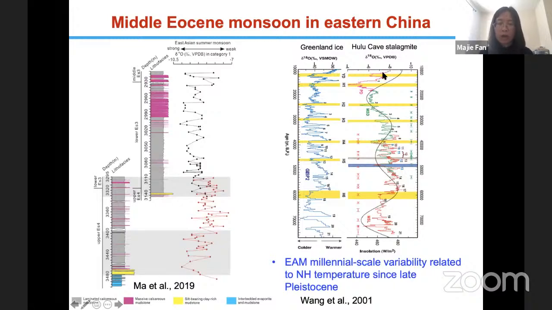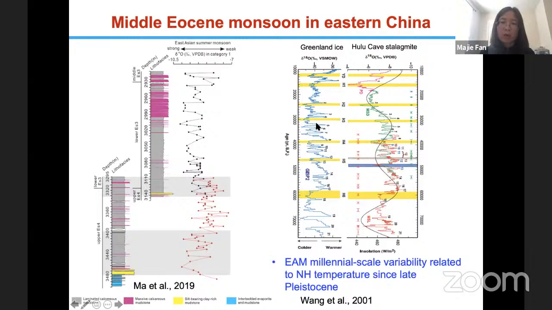So we see there are 2 types of cycles, okay? These yellow bars basically represent the higher value in each cycle. And then we have the valley with the lower isotope value in between, okay? So this type of cycle has been suggested to be related to Northern Hemisphere temperature.